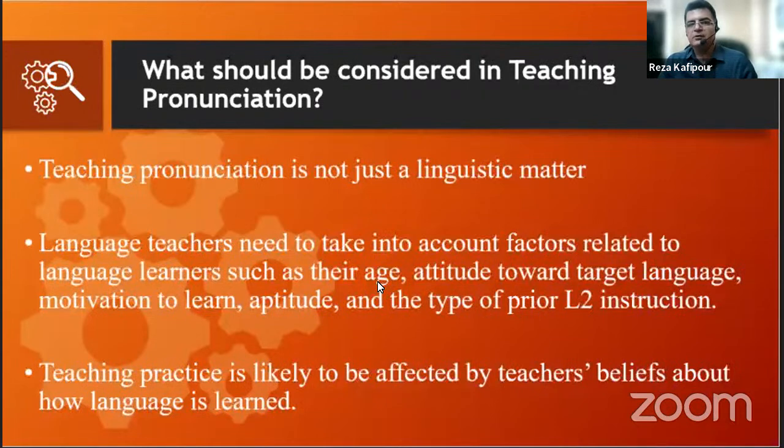So it is very important what kind of second language instruction you had before and what you are doing right now. We will discuss them more in the next slides. Teaching practice is likely to be affected by teachers' beliefs about how language is learned, and this is one of the reasons we want to know the perceptions of teachers here.